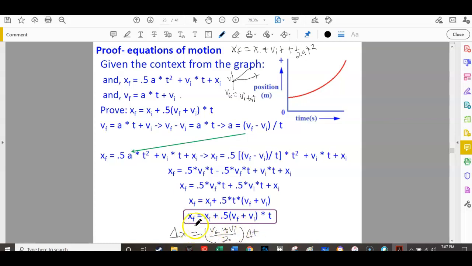And so we're doing this so that we could actually get an equation of motion to solve for position or time or velocities, okay, without using acceleration, because sometimes in problems you're not given an acceleration vector, although they are saying it's speeding up, but they want you to solve for the total displacement of the object in this case.